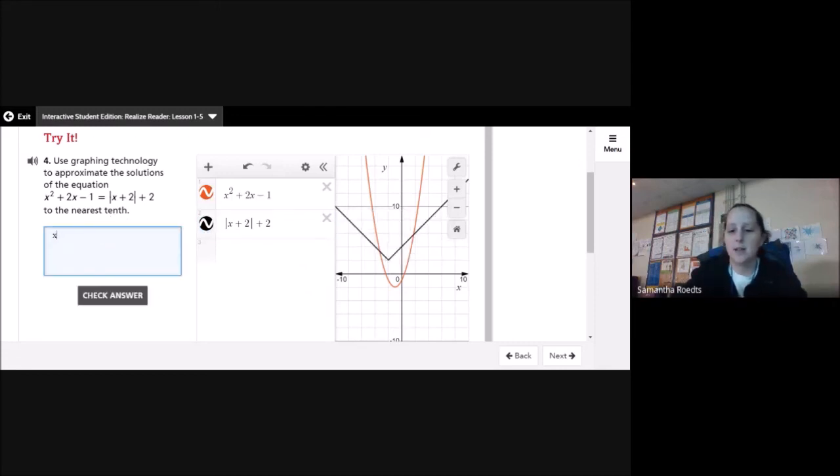So x is approximately negative 3.3 or 1.8, because 1.79 would round to 1.8.